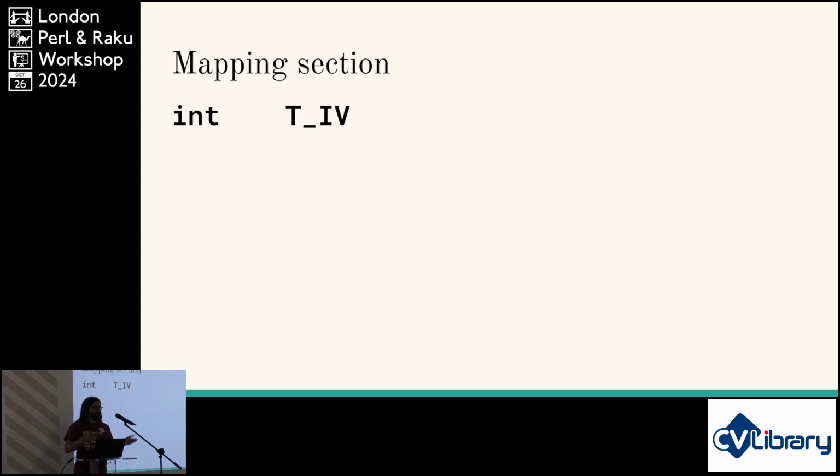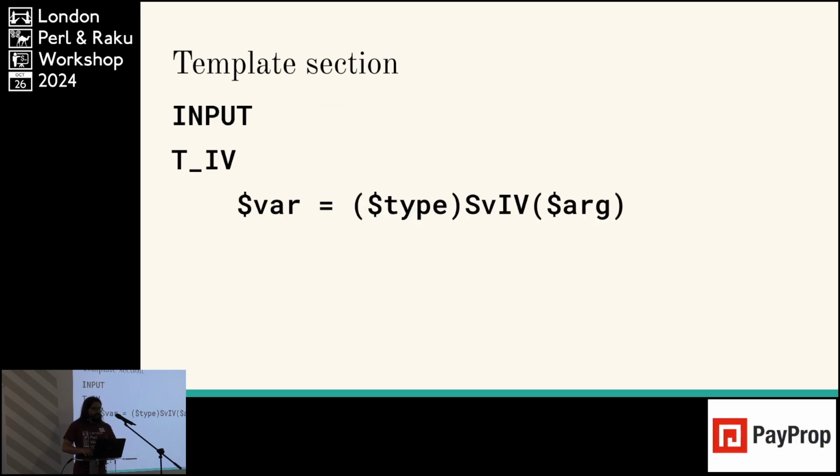For example, you can say an int uses the template T_IV. This is one of the core examples that is in the default typemap, and then for the input you can declare T_IV, which I think uses this template to replace the right type and argument and variable and everything. Now you might think this looks rather Perlish.